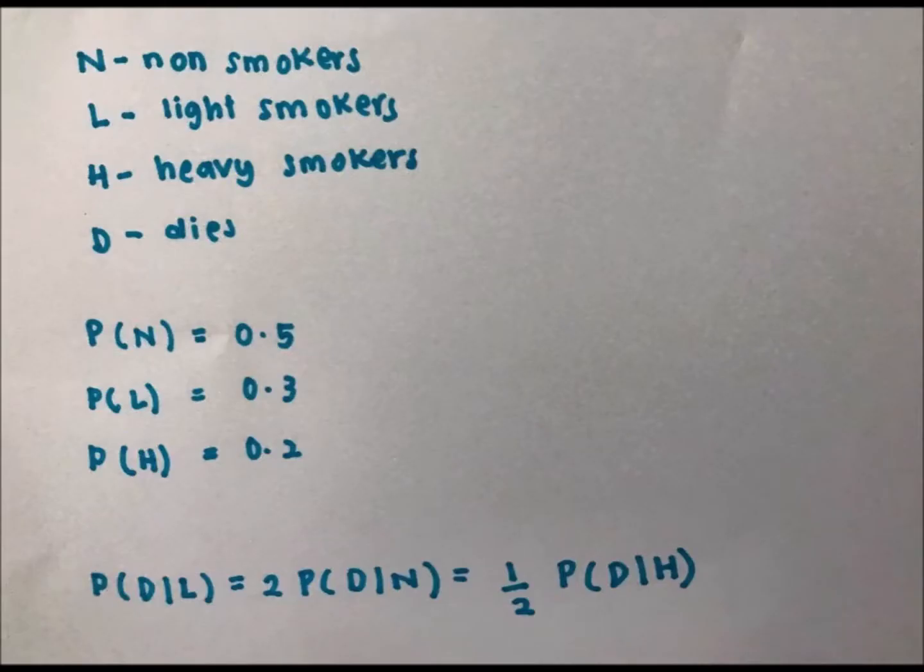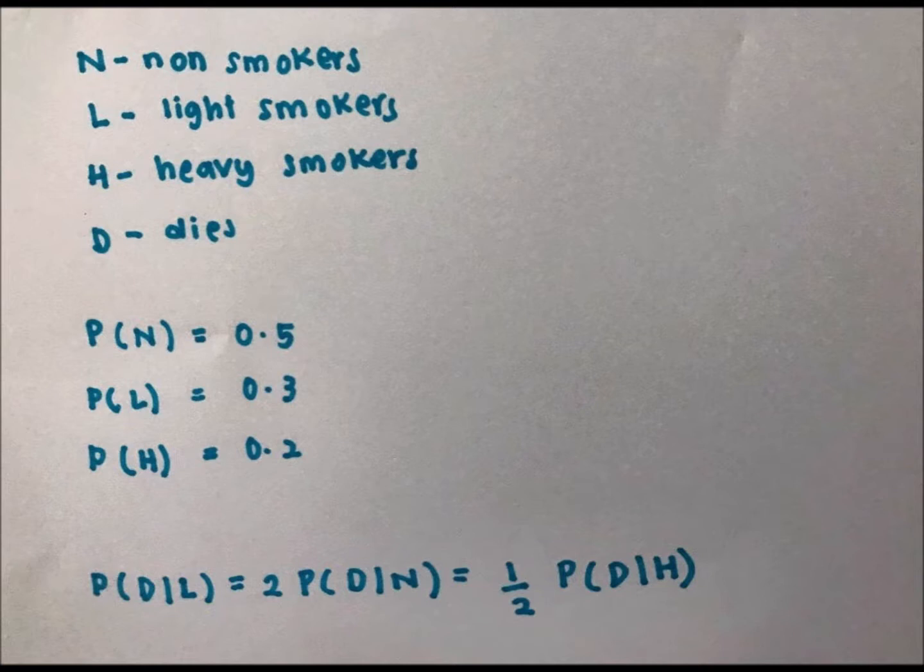Here is some information from the question. Before that, I would like to say that I use N for non-smokers, L for light smokers, H for heavy smokers, and D for dies during the 5 years of the study.